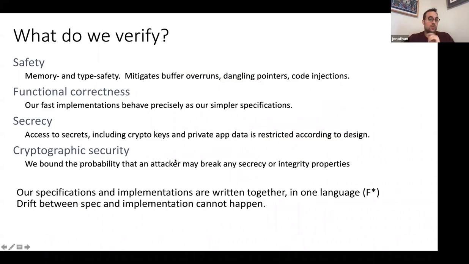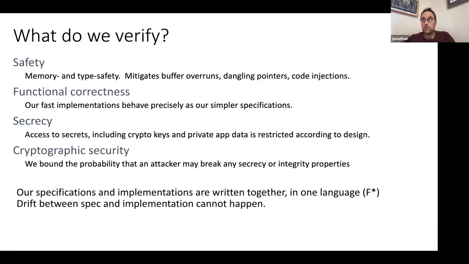So that slide is just about setting the ideas on what is being verified, just to make sure we're being clear about it. Safety is a property such as no buffer overruns, no dangling pointers, no use after free. So that's basic memory safety.